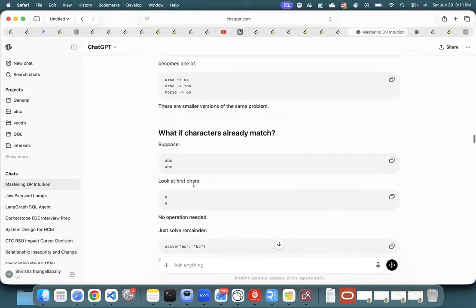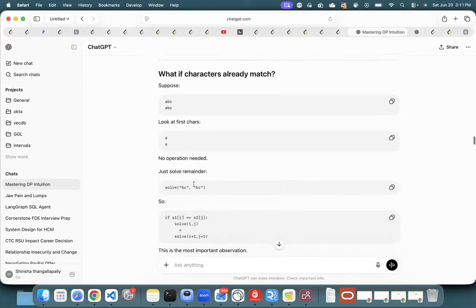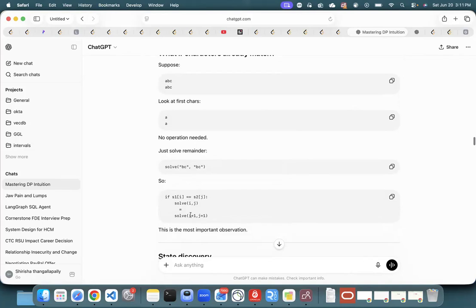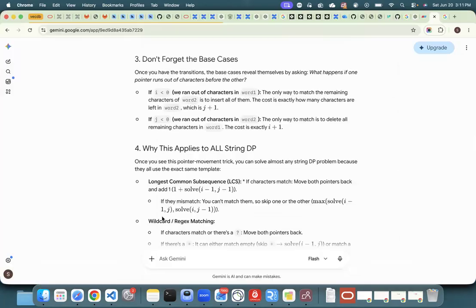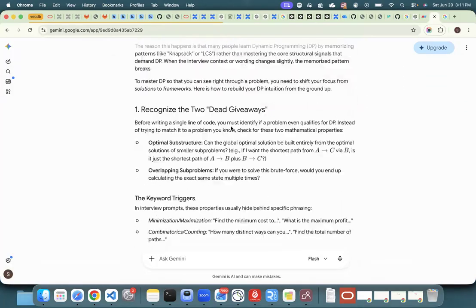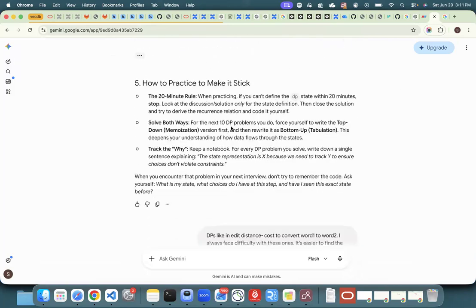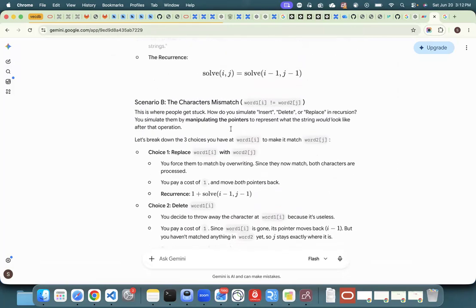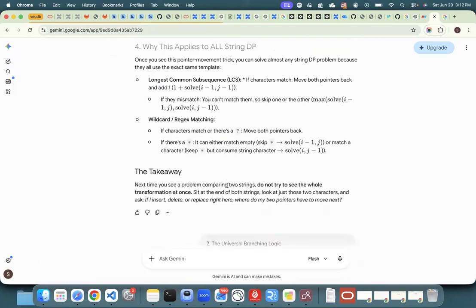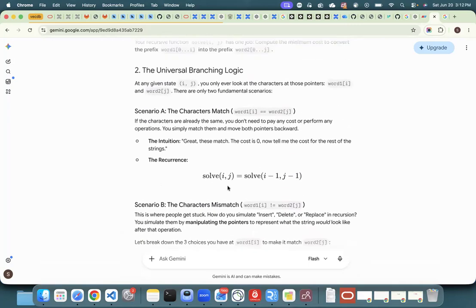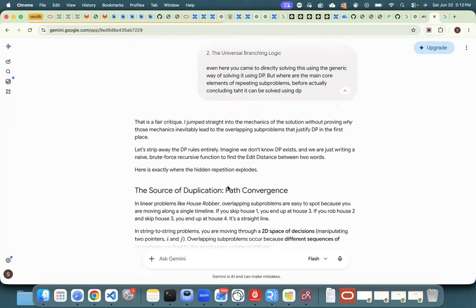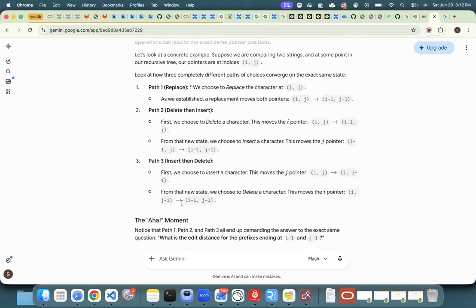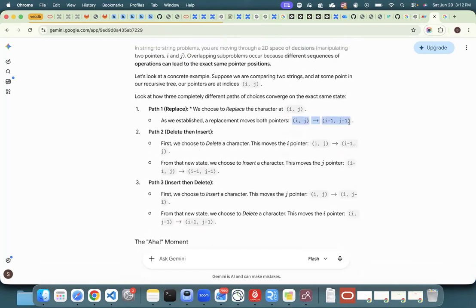Coming here, it's basically solve the i minus 1. I'll go to the recursion in the other way around, in a recursive manner. Basically, if I replace, I'll solve i minus 1, j minus 1.